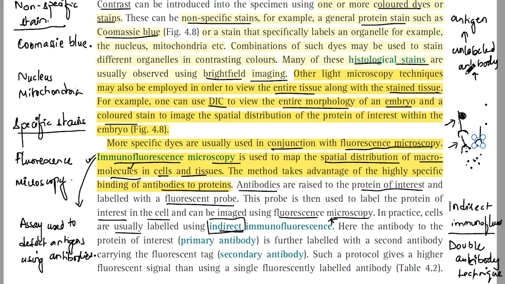It is binding fluorescent antiglobulin. This fluorescent antiglobulin will give the color. And this indirect immunofluorescence test is used for the detection of specific antibodies.